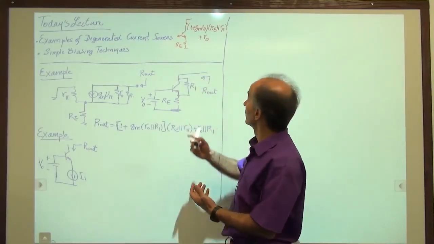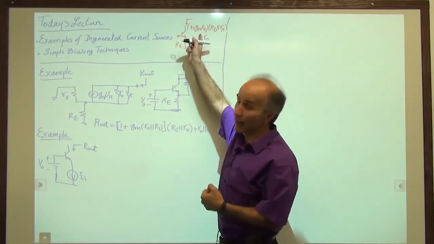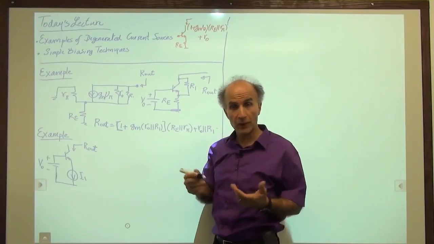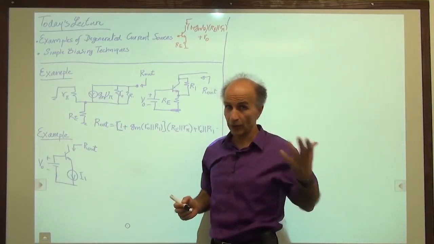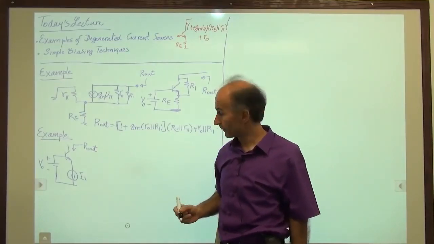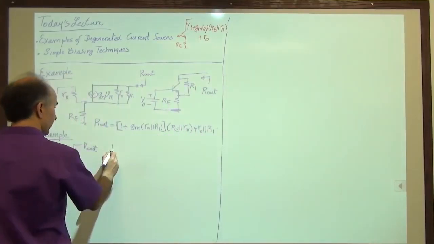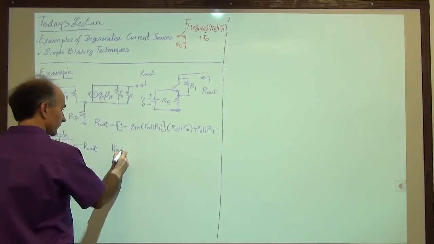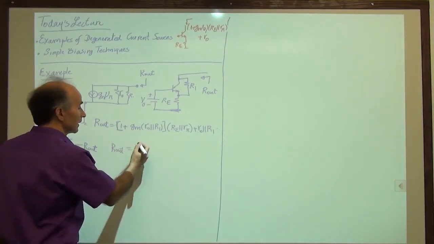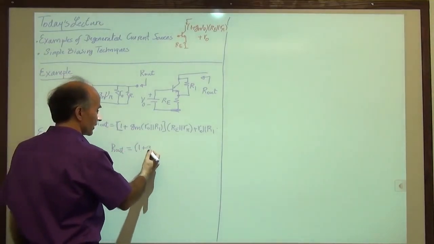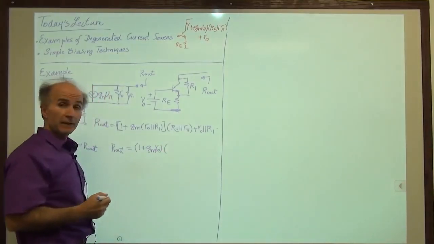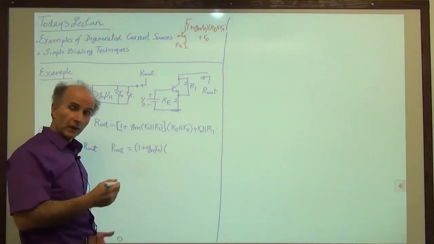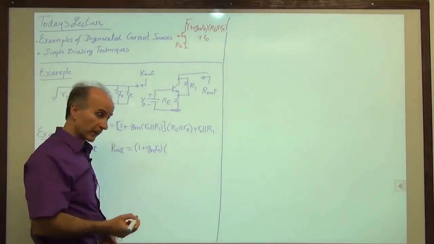So maybe what I can do is go back to this equation and replace RE with infinity. That will be the output impedance. Again, we don't need to draw the small signal model. So we say R out is equal to 1 plus GM RO times RE is infinite. Infinity in parallel with R pi just gives us R pi.